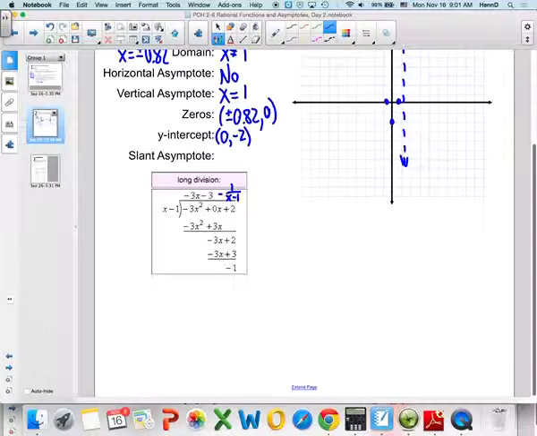However, notice we got a linear expression here for everything other than the remainder. That line right there is our slant asymptote. So the slant asymptote here is the line y equals negative 3x minus 3.